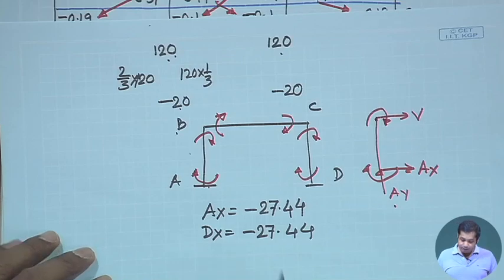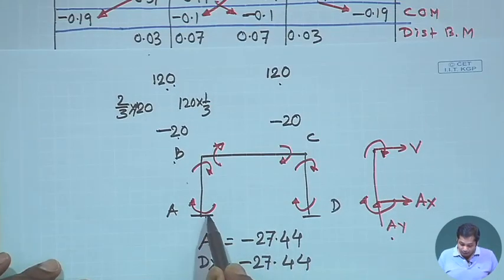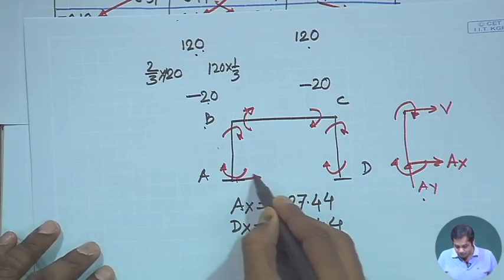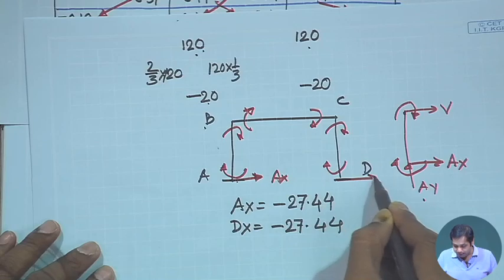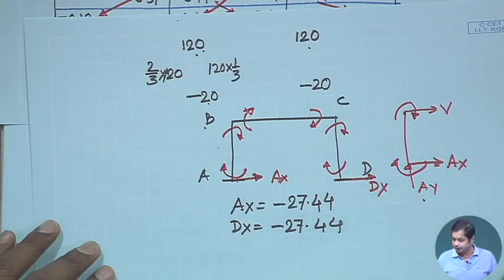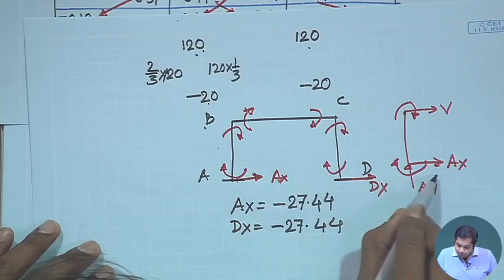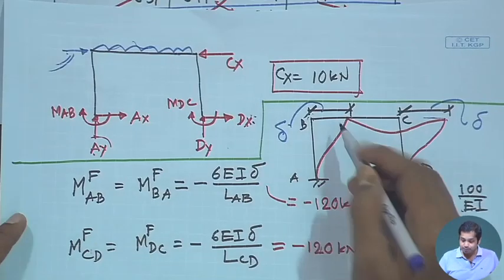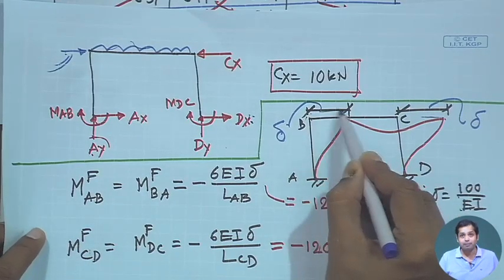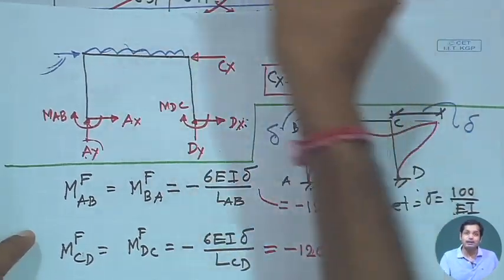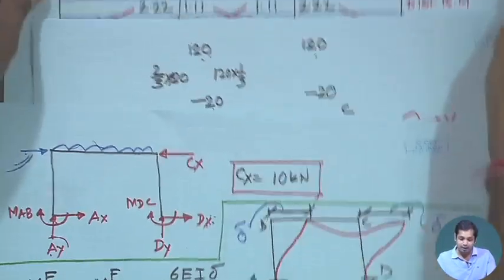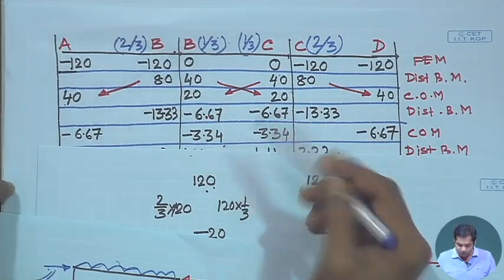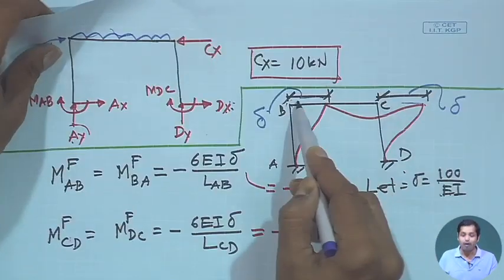Okay. Now, you see, it means what? AX is this, and DX is this, right, and the total force in this direction is AX plus DX. Because of this delta, these moments are calculated based on all the steps we have done. These are based on the sway of amount delta.